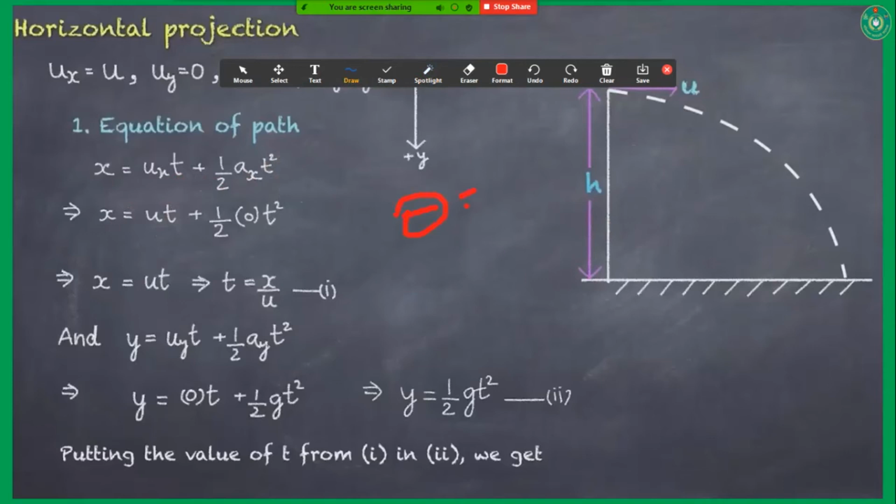You must remember that for a horizontally projected projectile, theta must be 0. That's why x is equal to v naught cos theta, that is cos 0, multiplied by t. So x becomes v naught t, that is x is equal to ut, and from this t is equal to x over u.